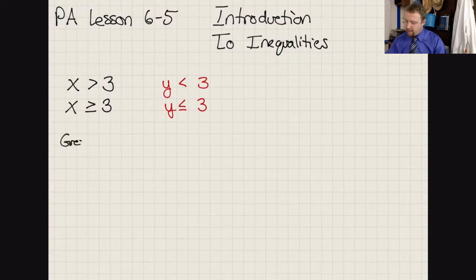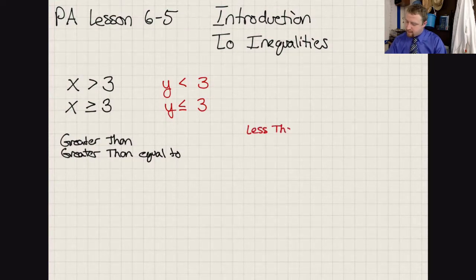You have greater than, then you have greater than, equal to, and over here we have less than, and we have less than, equal to. Okay, so this is kind of what we're dealing with as far as possible answers. There's really 4 different scenarios.